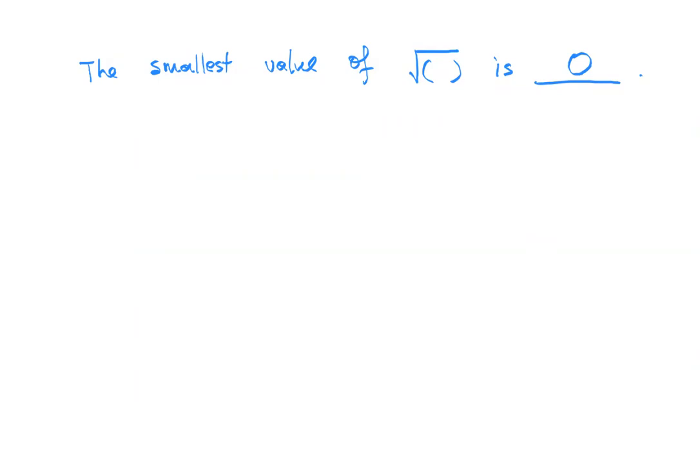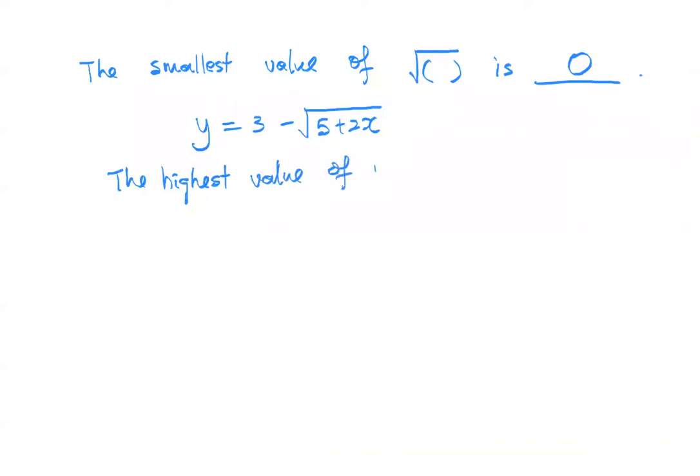So that means just now the question, correct? I have y equal to 3 minus square root of 5 plus 2x, correct? So I will conclude the highest value for this case is equal to 3 minus the smallest value of the square root, correct?